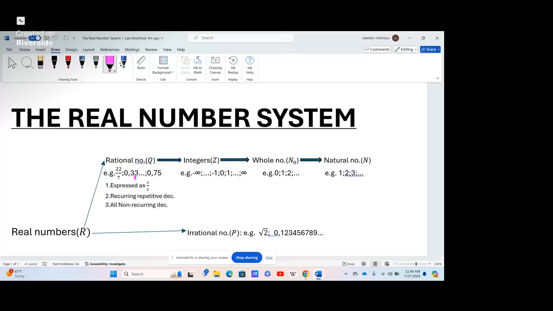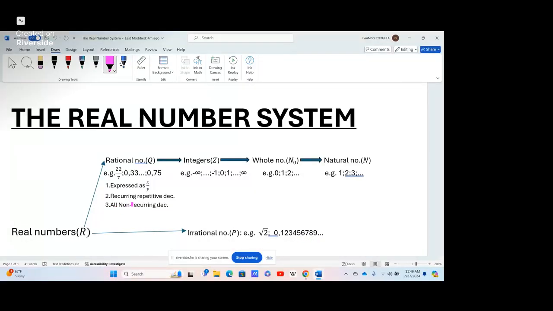I had already explained that in my previous video. Whilst irrational numbers are recurring decimals that are non-repetitive, such as this decimal here, 0,123456789.